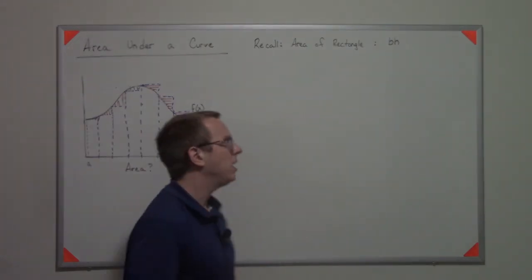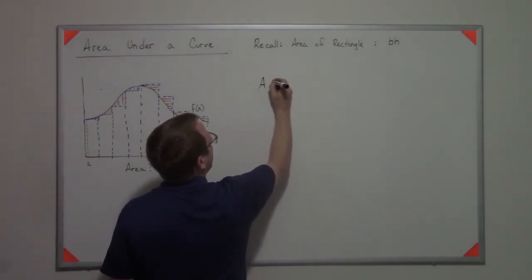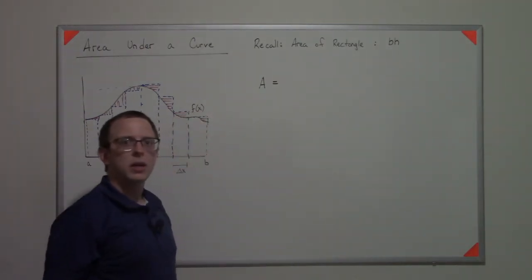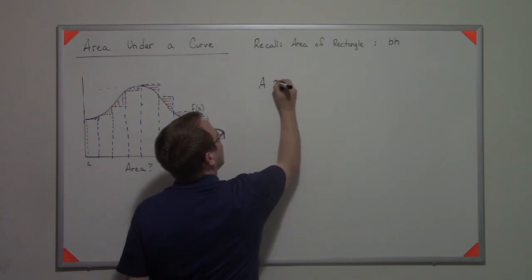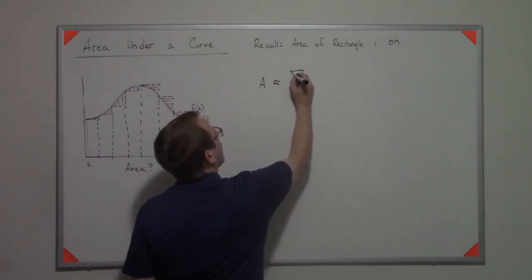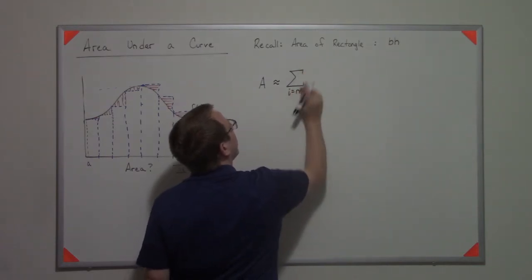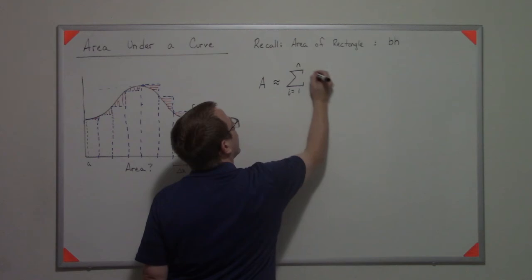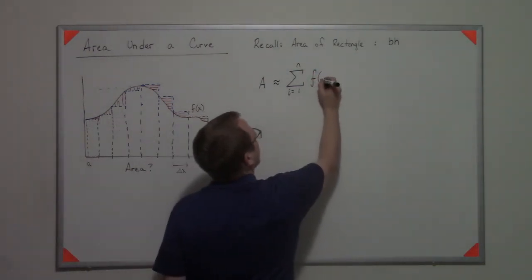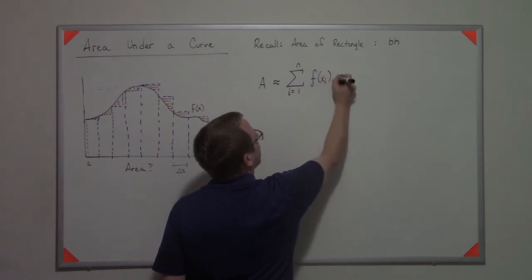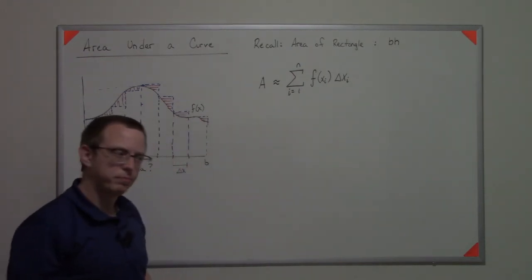What we can say is that the area under the curve is approximately some function value at that point times the width at that point.